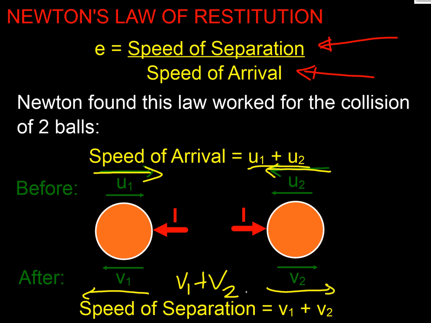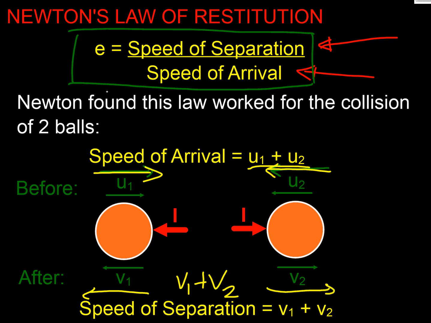So I just want to get that idea in your heads. What we're trying to do is work out how fast they're coming together for the speed of arrival, and then the speed of separation is the opposite. And Newton found that this law applied in that situation as well, equally well if we use speed of separation and speed of arrival as we've just described.